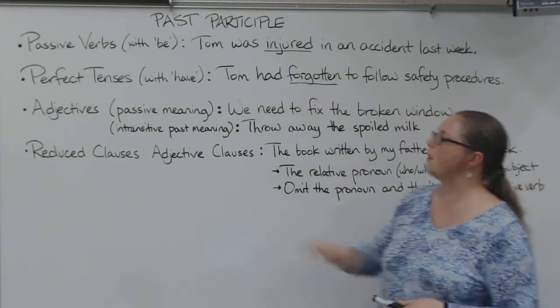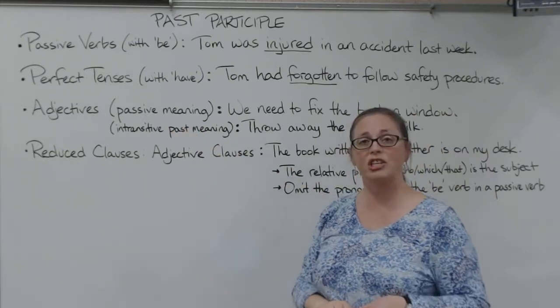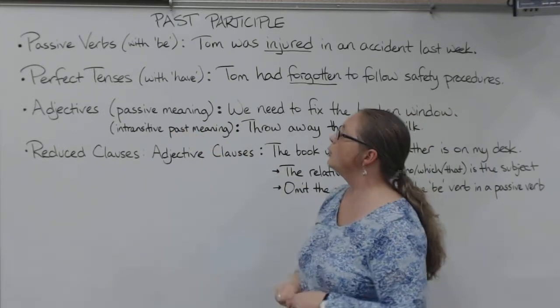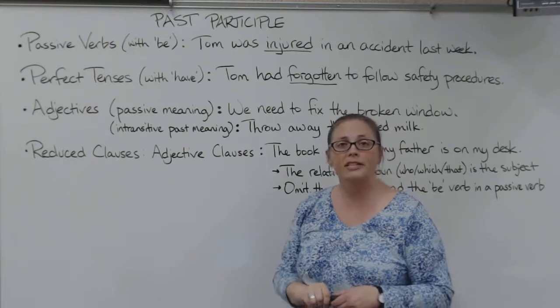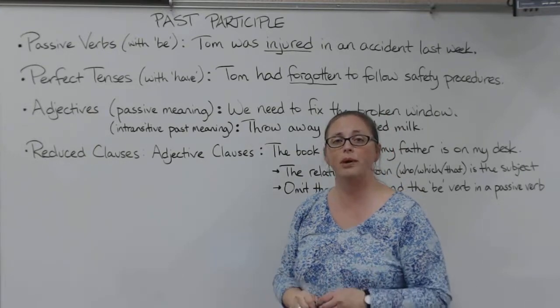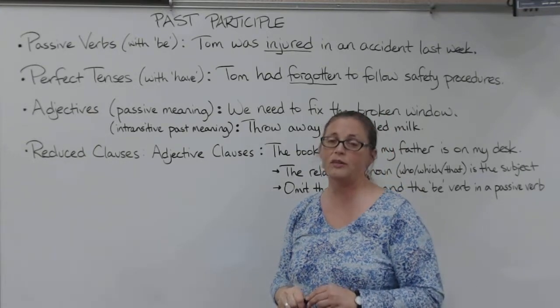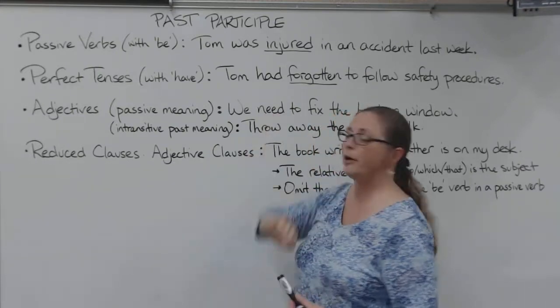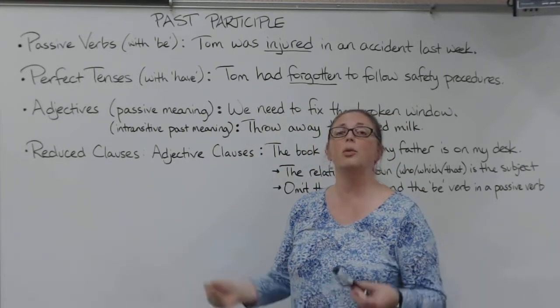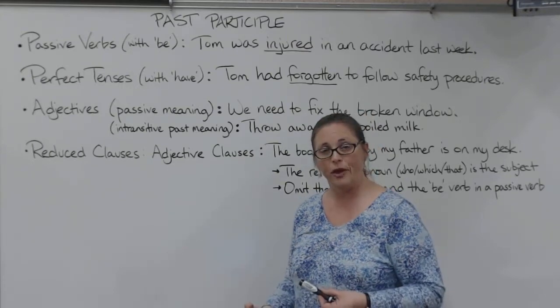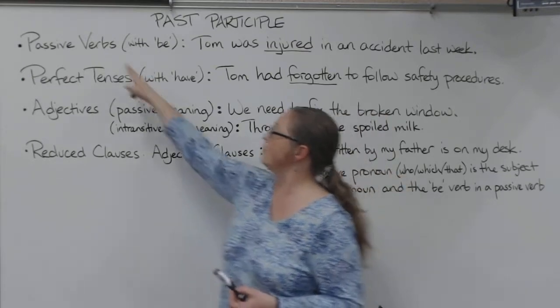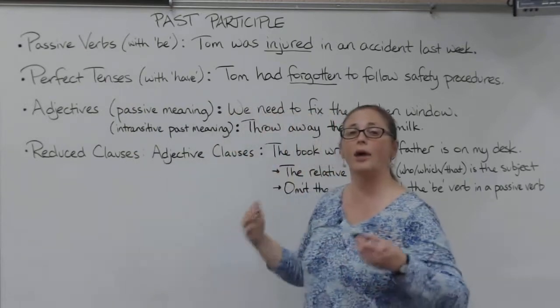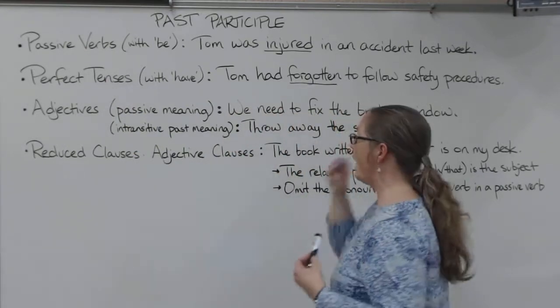You can also use past participles as adjectives. If you watch the video on present participles, you see that present participles are used as adjectives with an active meaning. Past participles are used as adjectives with a passive meaning. So same as up here, the idea that you're receiving the action.